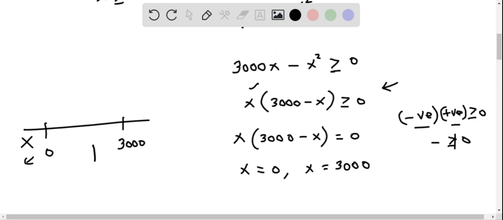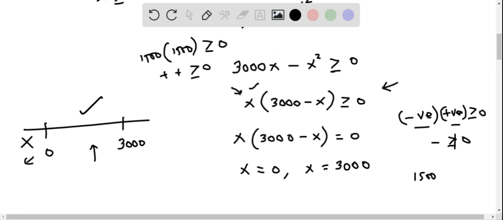And if we take any x value between 0 and 3000, let's suppose we take 1500, we plug it into the inequality. We get 1500 times (3000 minus 1500), which is positive times positive, a positive number, and this is greater than or equal to 0.